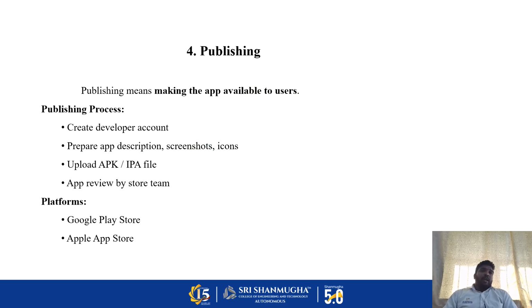App review: the App Store team checks the app for quality, security, and policy rules. After approval, the app becomes available to users. So next one, publishing platforms. Apps are published on the Google Play Store for Android and the Apple App Store for iOS.